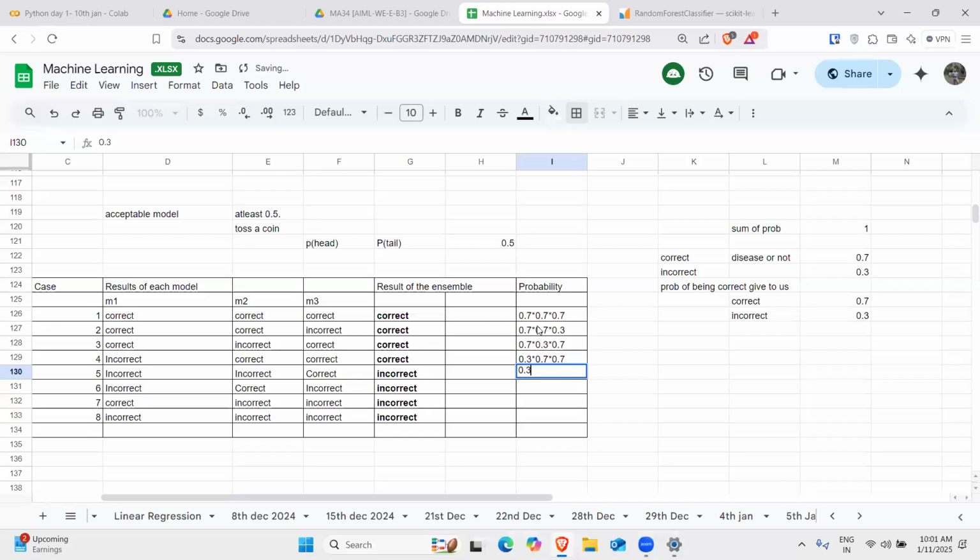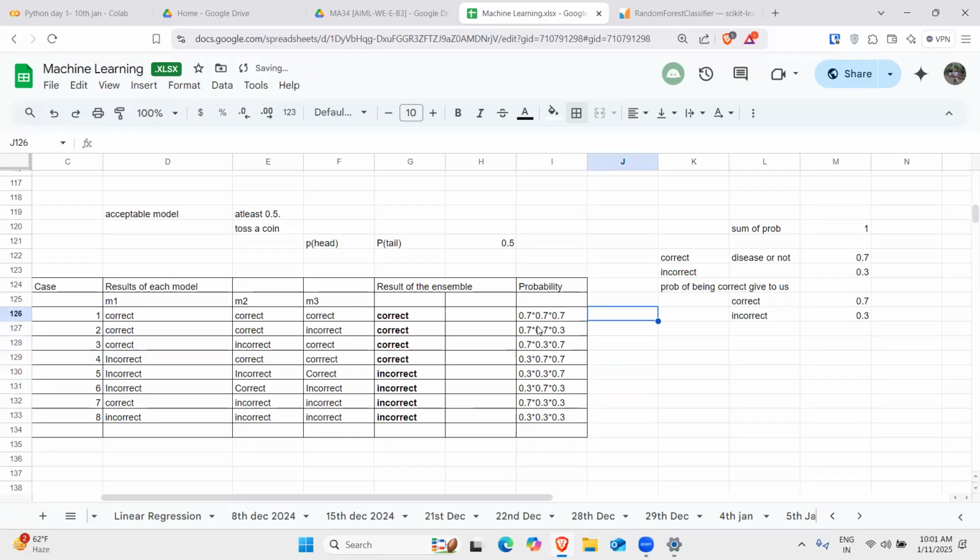Then you have 0.3 into 0.3 into 0.7, right? Then this is incorrect, right? Incorrect is 0.3 into 0.7 into 0.3. Here 0.7 into 0.3 into 0.3. Here it will be 0.3 into 0.3 into 0.3, right?